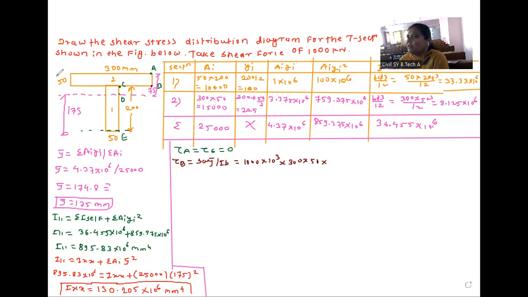Here 75 distance is there, but we want the distance from this axis to the centroid of this strip, so 75 minus 50 by 2, divided by moment of inertia 130.205 into 10 raised to 6 into width. At B point, the total width will be 300. So you calculate and tell me tau B, which is equal to how much?